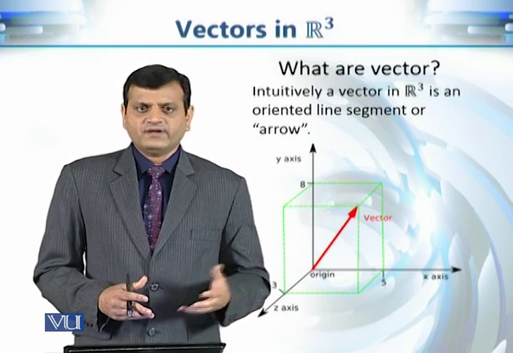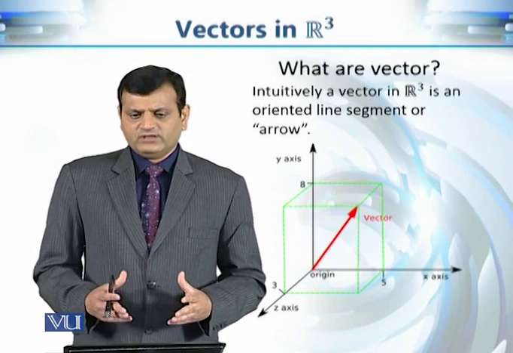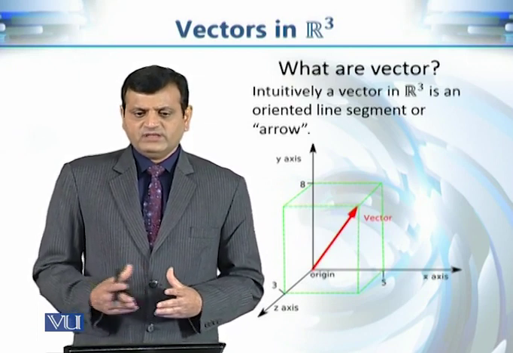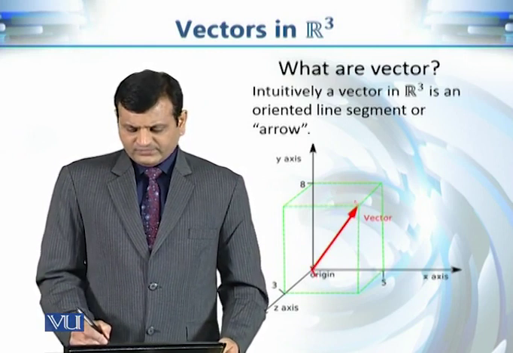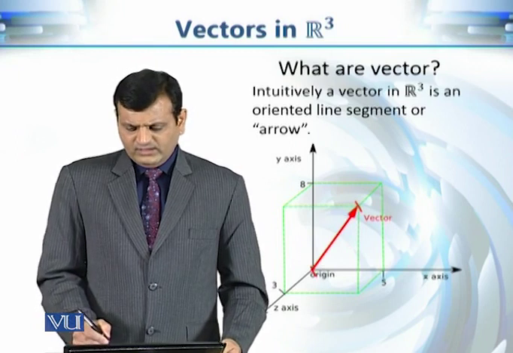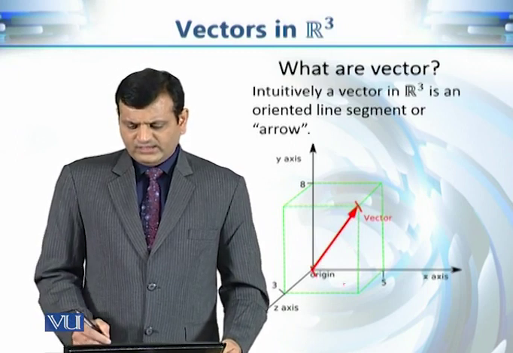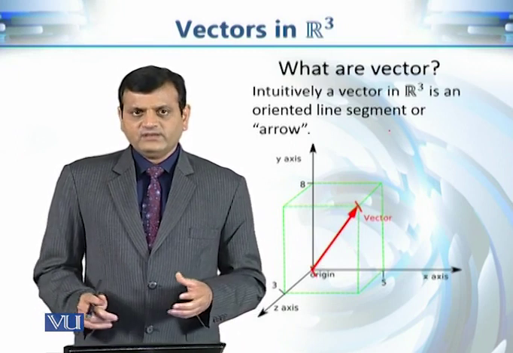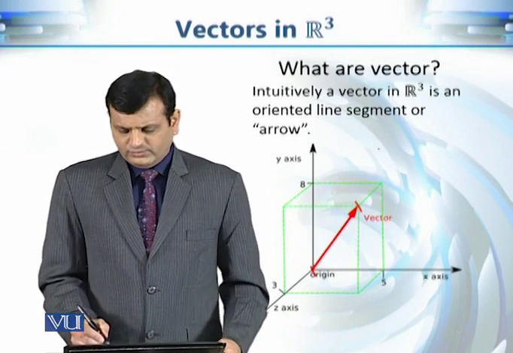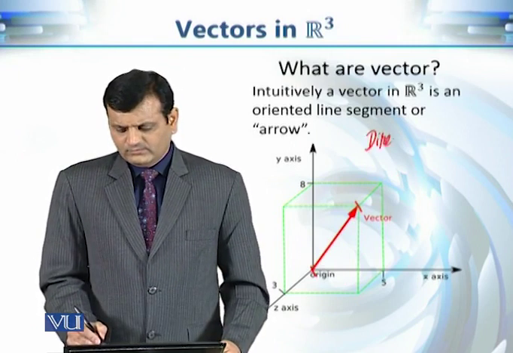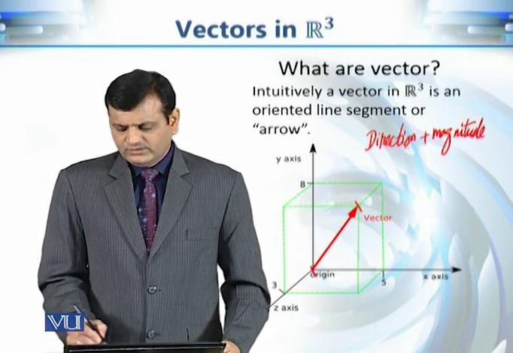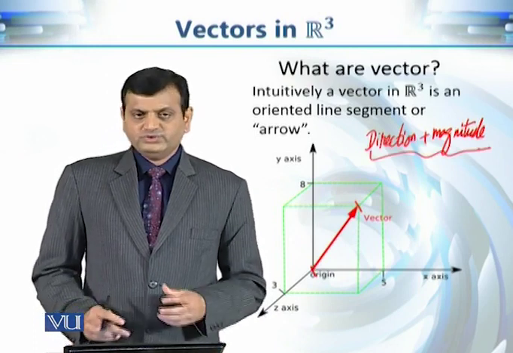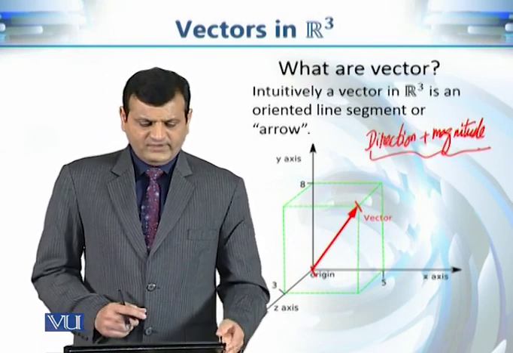That's how we define a vector quantity, and a vector is basically an arrow which represents that vector quantity, with the same direction and magnitude. So what is a vector then? It has direction and magnitude. That's what we have been using as a definition of a vector.